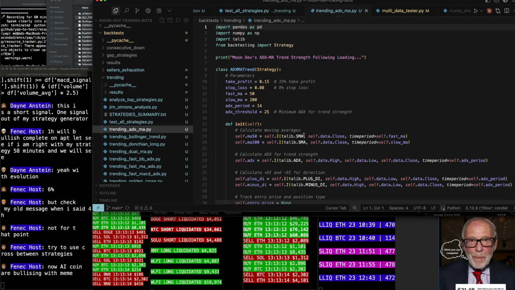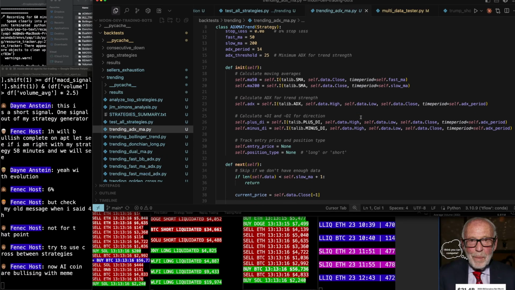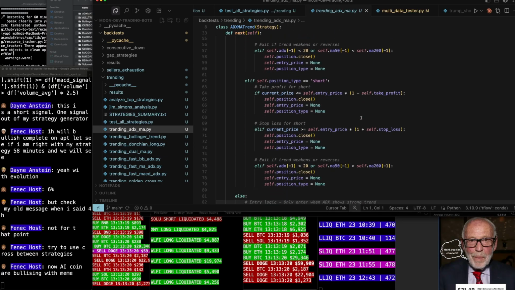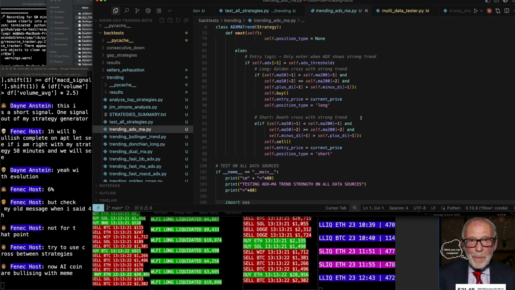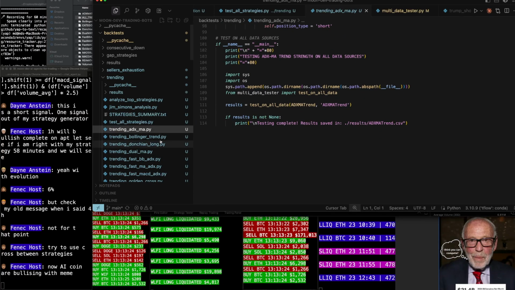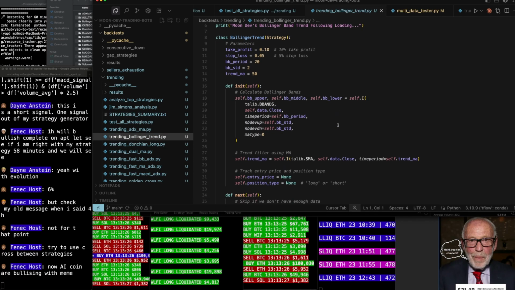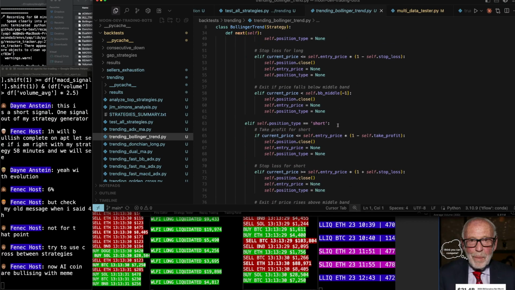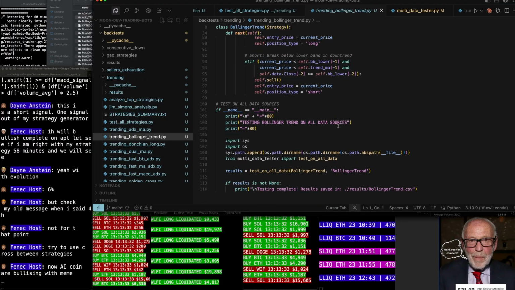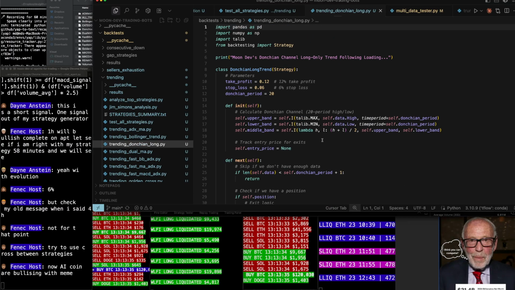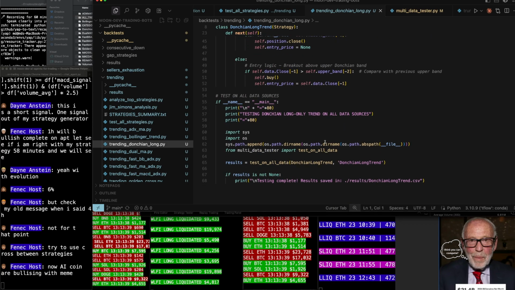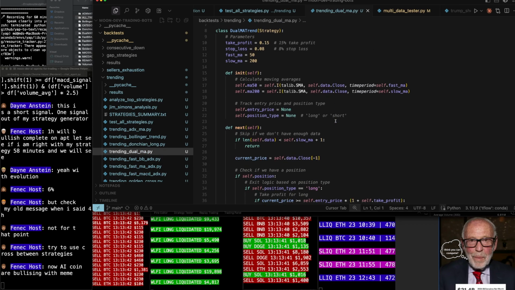Okay, let's give you the trending ADX strategy here. Okay, let's go ahead and save the trending Bollinger strategy here. I don't know if I'm going to give you all of these because it's going to take a long time, so I'll give you 5. Here's 3. 4.